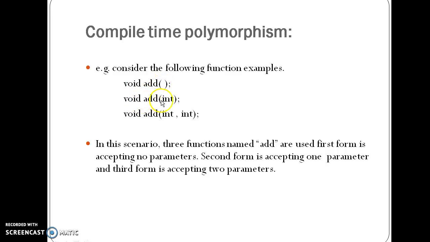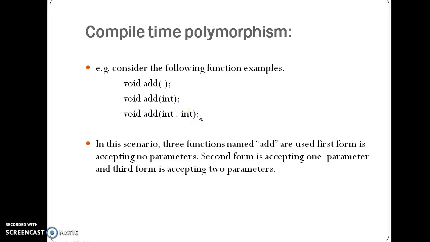In the second form one parameter of type integer is used, and in the third form there are two parameters of type integer. Now see, this is the perfect example of compile time polymorphism. Why, I will explain. In the first form there are no parameters. In the second form one parameter is there, and in the third form two parameters are there.